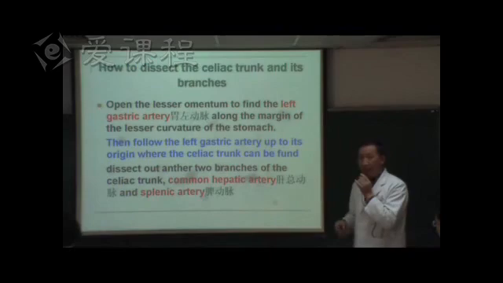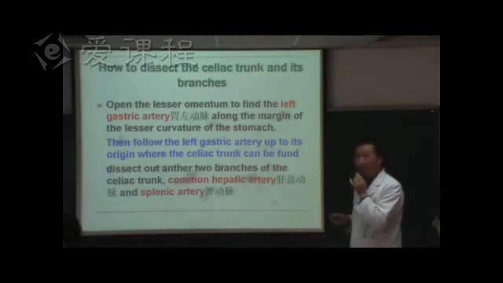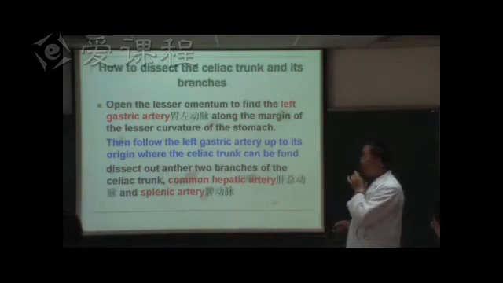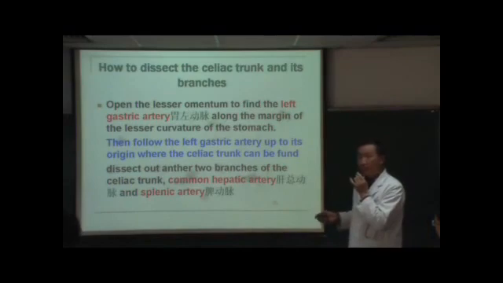And I would like to tell you how to dissect the celiac trunk and its branches. Remember it. First, you should open the lesser omentum. What is the lesser omentum in Chinese? Yes, open it and try to find the left gastric artery. It is easy to find.